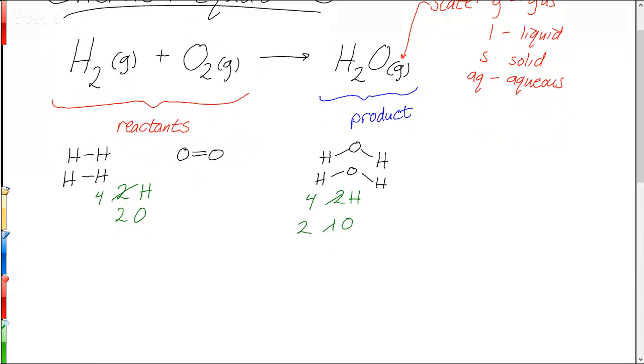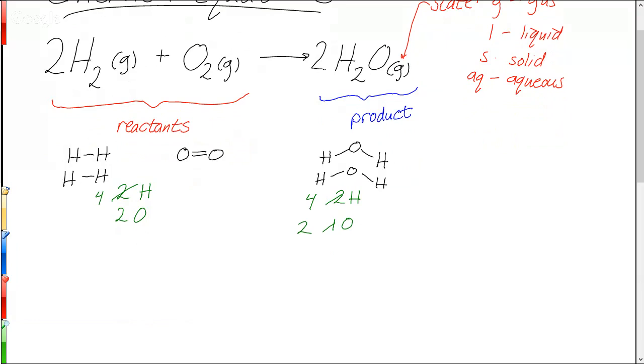So what that's really telling us is that hydrogen and oxygen have to react in a 2-to-1 ratio, not a 1-to-1 ratio. The way we express that in the chemical equation is by putting numbers out in front of the chemical formulas that we call coefficients. So we put a 2 here to represent 2 molecules of hydrogen instead of just 1, and we put a 2 here to represent 2 molecules of water instead of just 1.